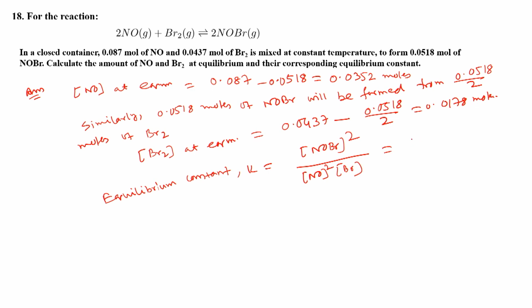Now, we substitute the values of NOBr, NO and Br2. So, if we substitute this, we get for NOBr 0.0518 raised to the 2 by 0.0352 raised to the 2 times 0.0178. So, if we carry out further, we get 121.66.